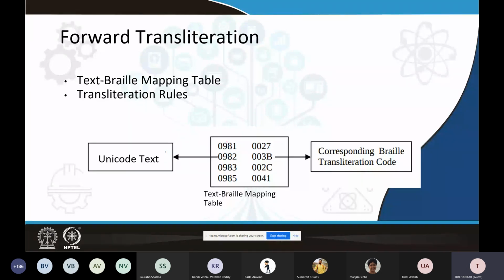So this is the representation of the forward transliteration engine, the mapping file, where you can see the input. There are two different panels. For each of these input alphabets there can be the Unicode encoding, or there can be the ASCII encoding of English alphabets.